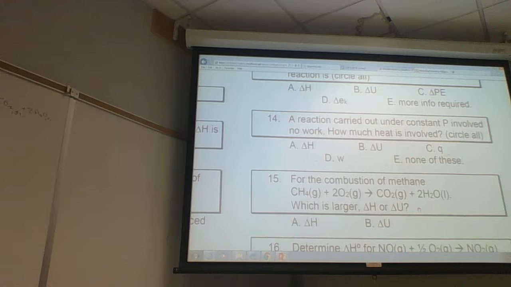And so, how much heat is involved? So then it can be A and B. Yeah, A and B. That's it?